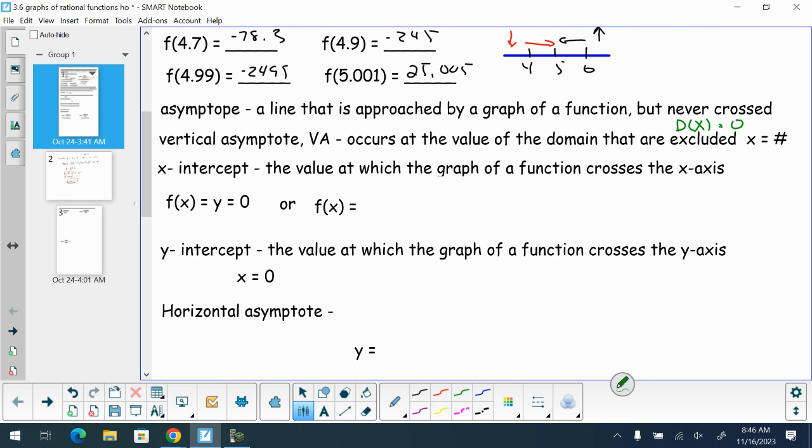We could talk about the x-intercepts. These are the values where the graph of the function crosses the x-axis. The x-intercepts are where y is equal to 0.